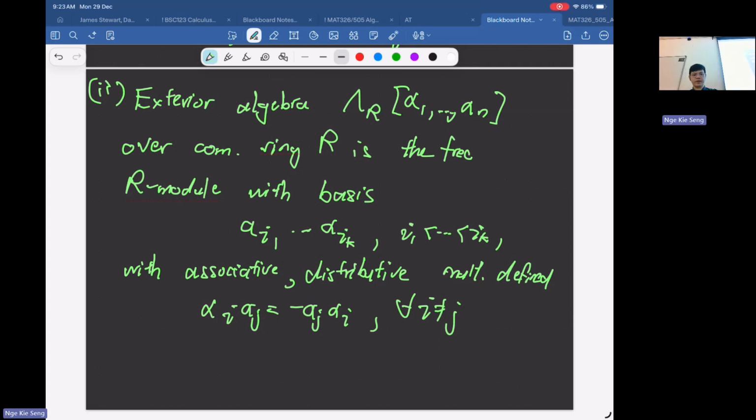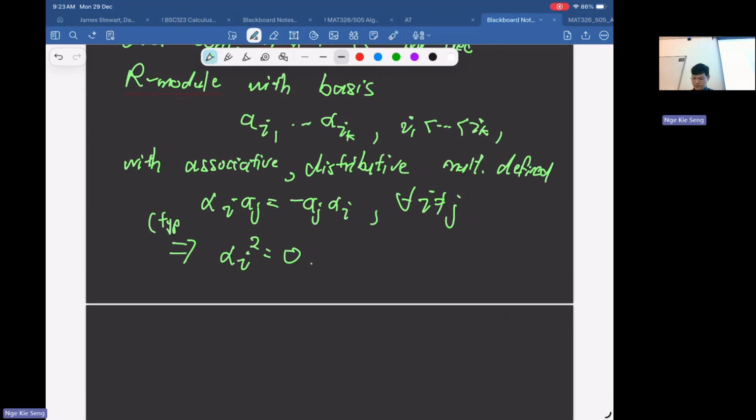They commute up to a sign. In this case, this will imply that alpha i squared equals 0, because alpha i squared equals minus alpha i squared. Unless it's Z mod 2, then it doesn't imply that, but typically yes.